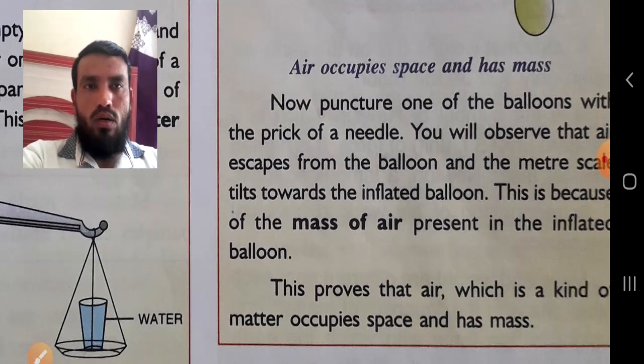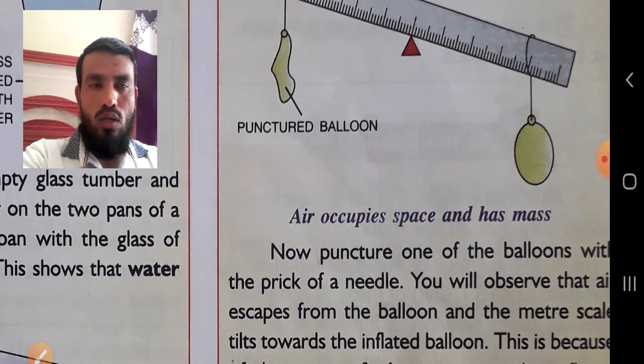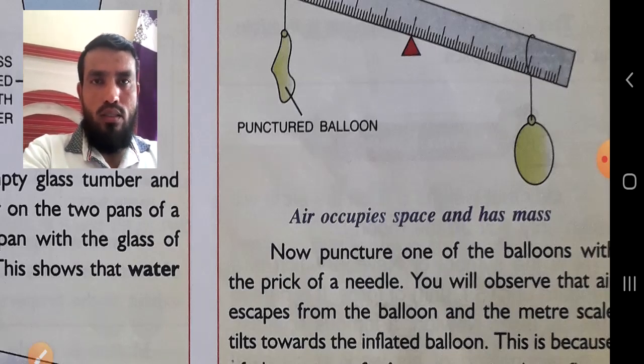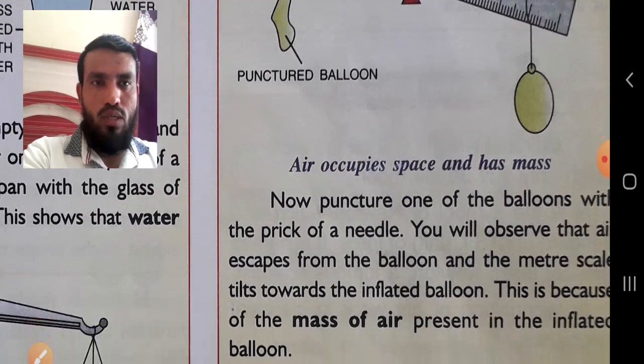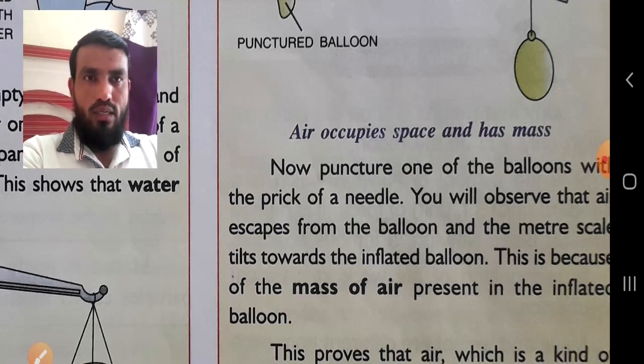And when you are using the balance, you can also get an idea about the mass. When you puncture one balloon, the other balloon will come down and the scale will tilt to one side, because air also has mass. Because of the mass only, one balloon goes to one side and it tilts.